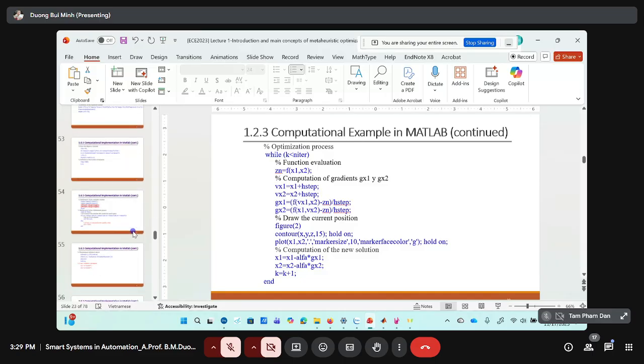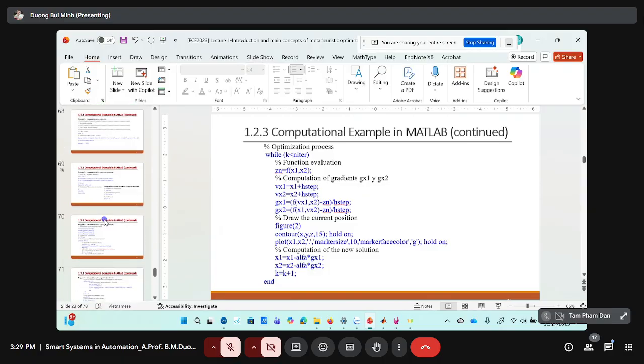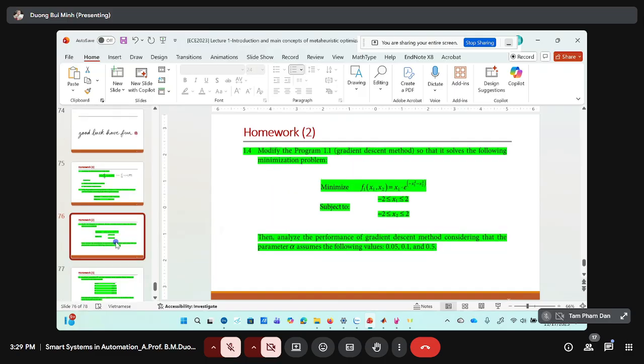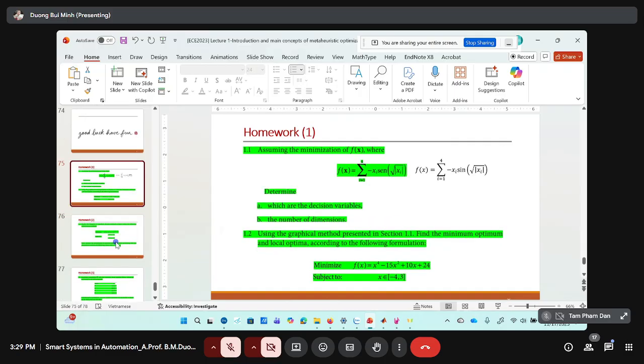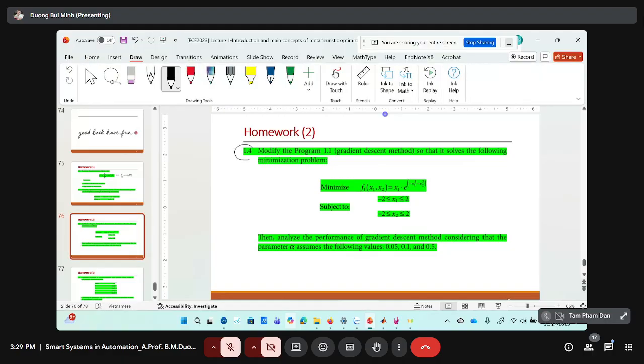And you try to apply this random descent method to answer question 1.4. Look, 1.4: modify the program 1.1 so that it solves the following minimization problem.